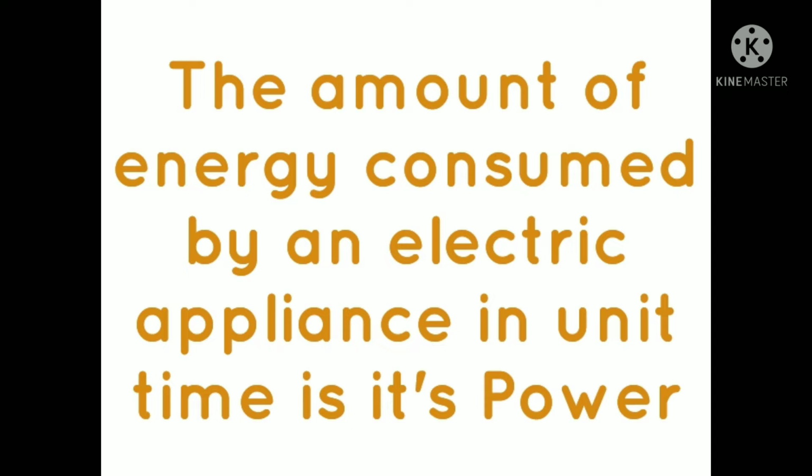What is power? The amount of energy consumed by an electric appliance in unit time is its power. What is meant by unit time? The basic unit of time, that is second.